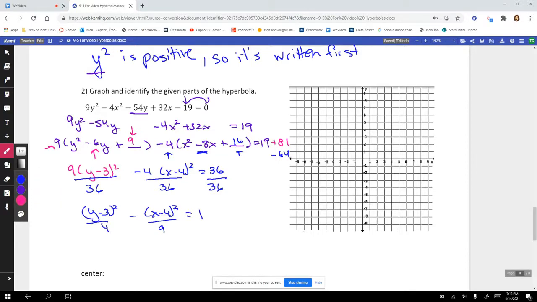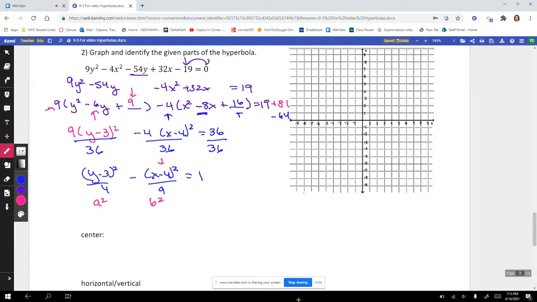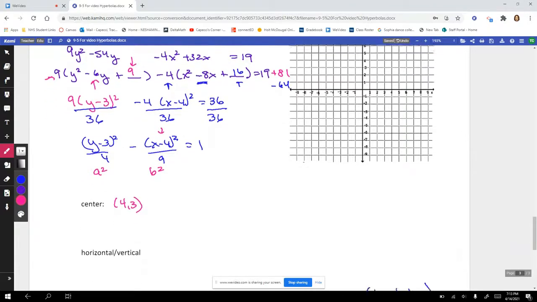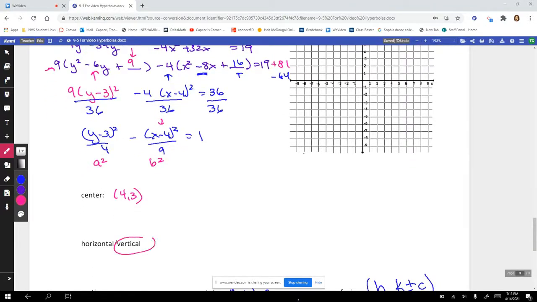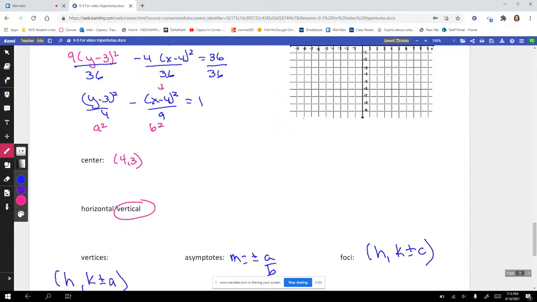So let's do a couple things. This is my a squared, right, because it's first. This is b squared. And so we know that our center right here, remember our x is first, so our center is going to be 4, 3. Now, because our y is first, this one's going to be more on the vertical side. Okay, so let's figure out our vertices.